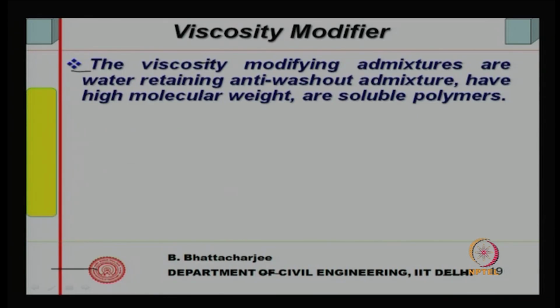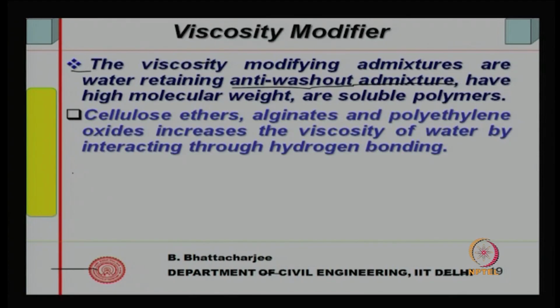They are essentially anti washout admixtures, and they have high molecular weight, they are soluble polymers. So, cellulose ethers, alginates and polyethylene oxides increase the viscosity of water by interacting through hydrogen bonding.